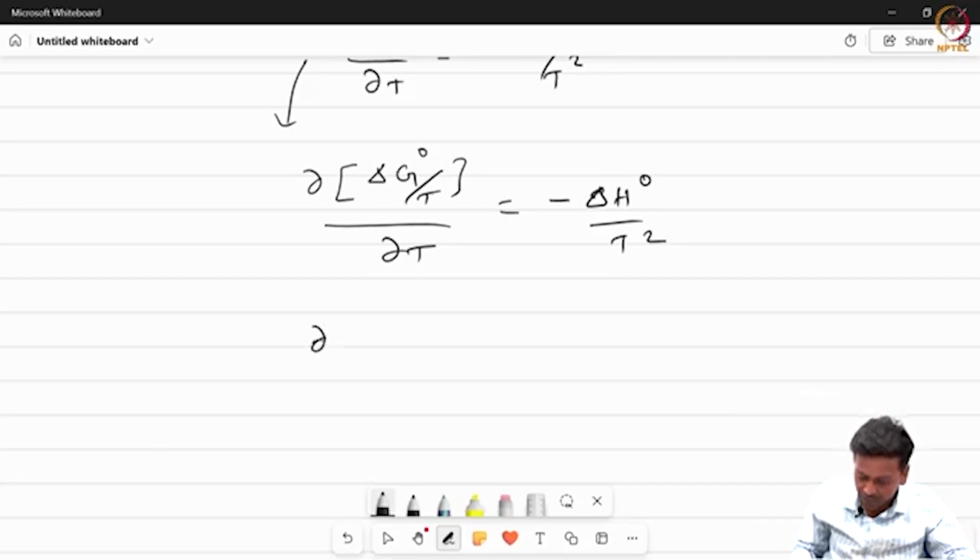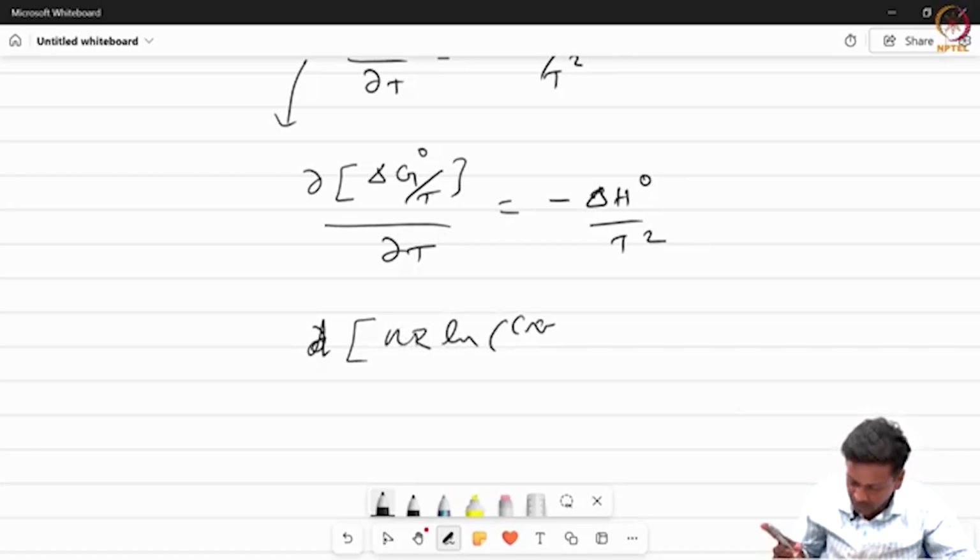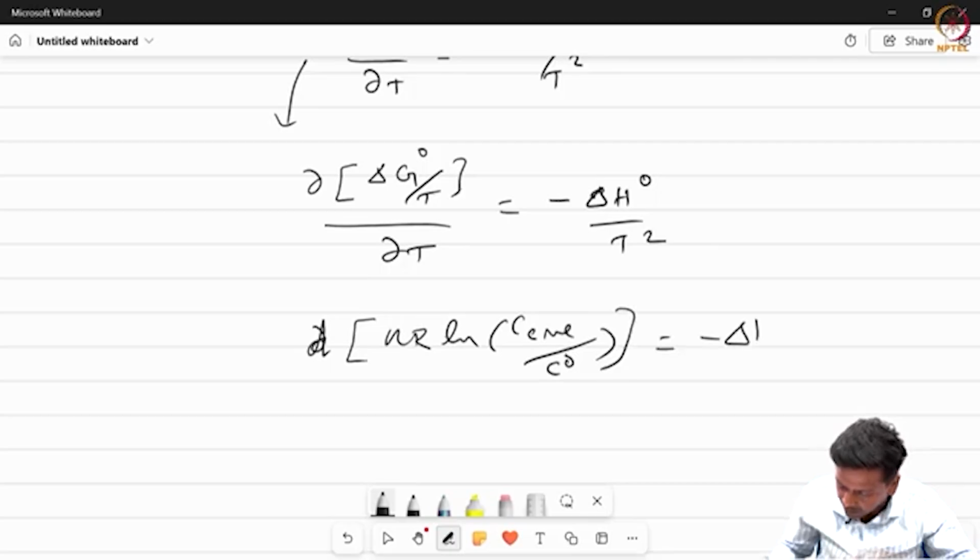So if I have to use this, then I can say this as nR ln CMC by C naught, which is nothing but minus delta H naught by T square into dT, right?